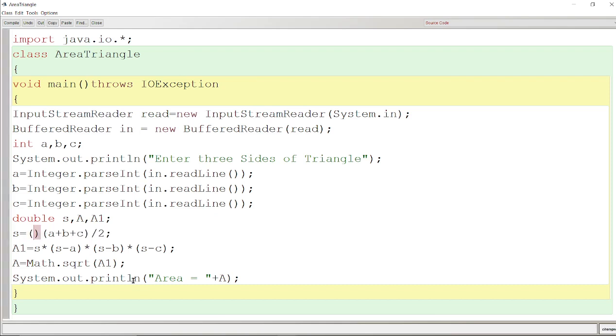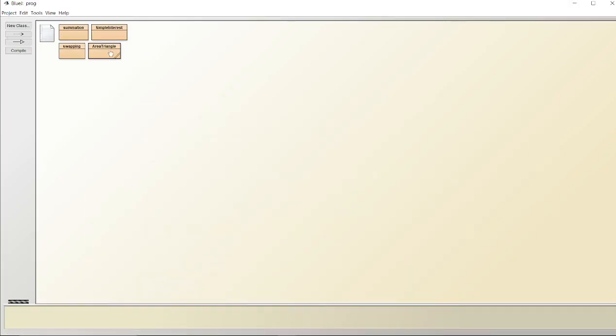See, this is now known as explicit type conversion to double. Not s into s minus a, then multiplied s into s minus b, s minus c. Now I have to calculate Math.sqrt. Okay, all right. I compile it again.